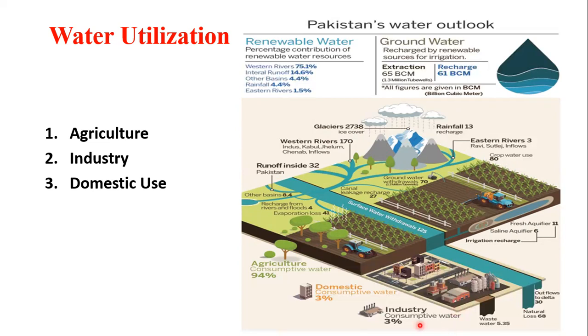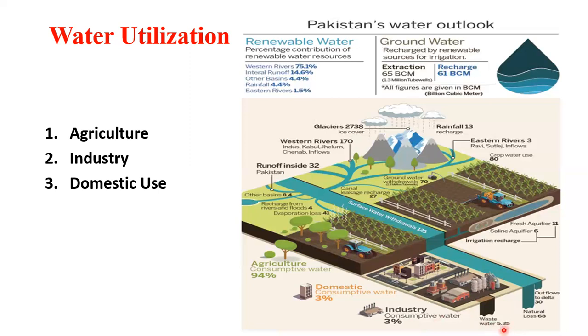Fine. Industry utilizes 3% of the water. Clear? In industry, there are so many processes like washing and cleansing and many others. Therefore, industry utilizes 3% of the water. Clear?